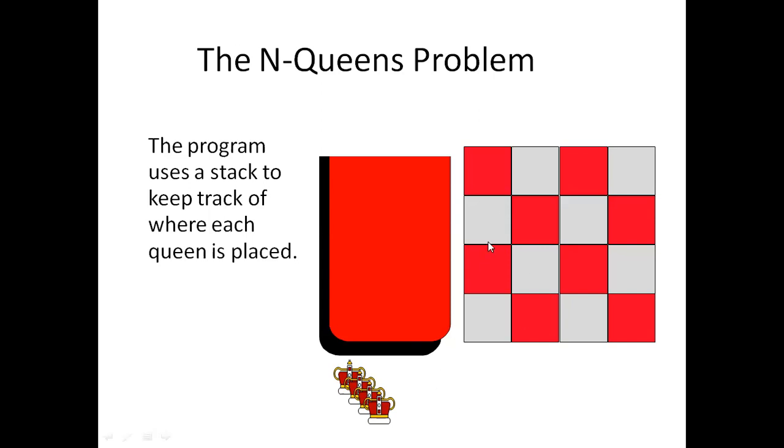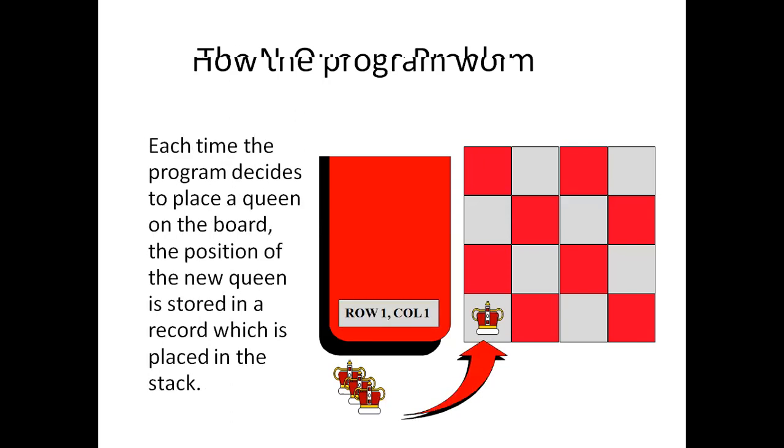Now let's look at a 4x4 chessboard. Let us consider this is the first row, first column, where I place the queen. The first queen is placed in the first row, first column. So the rest of this row, this column and this diagonal, we can't place a queen.